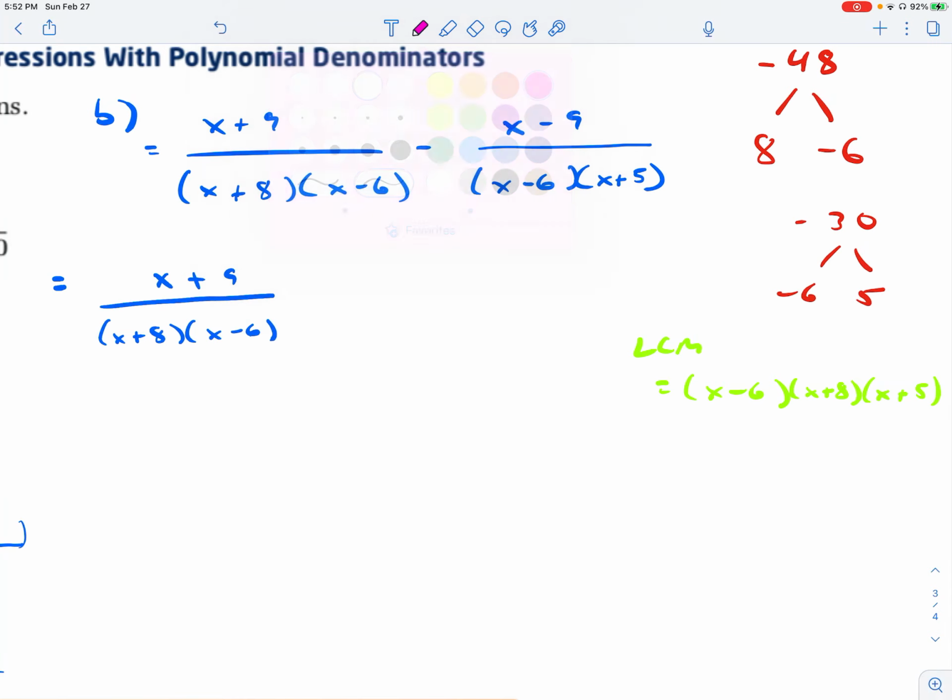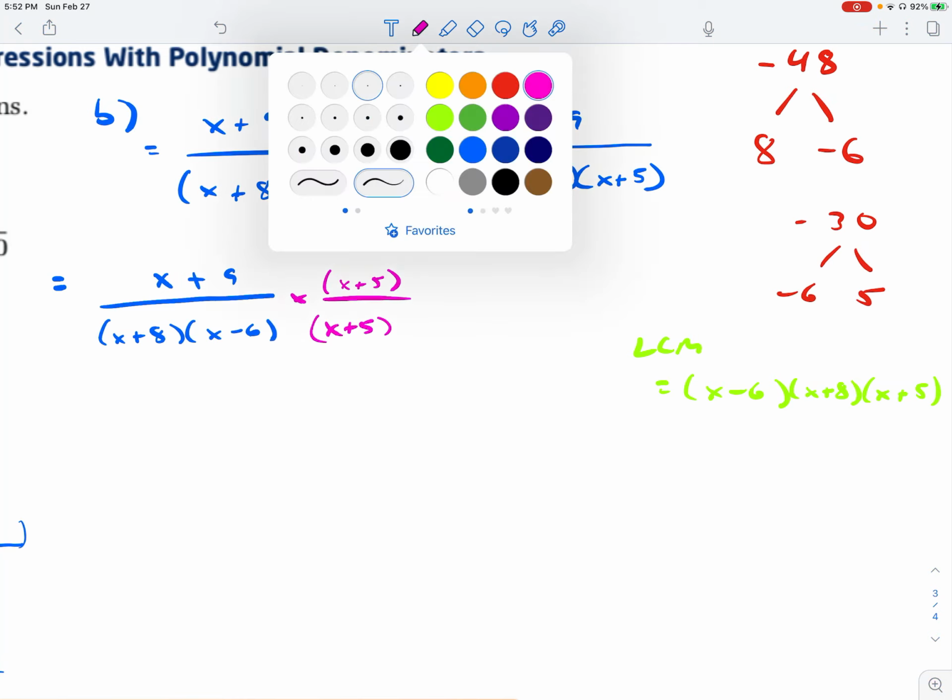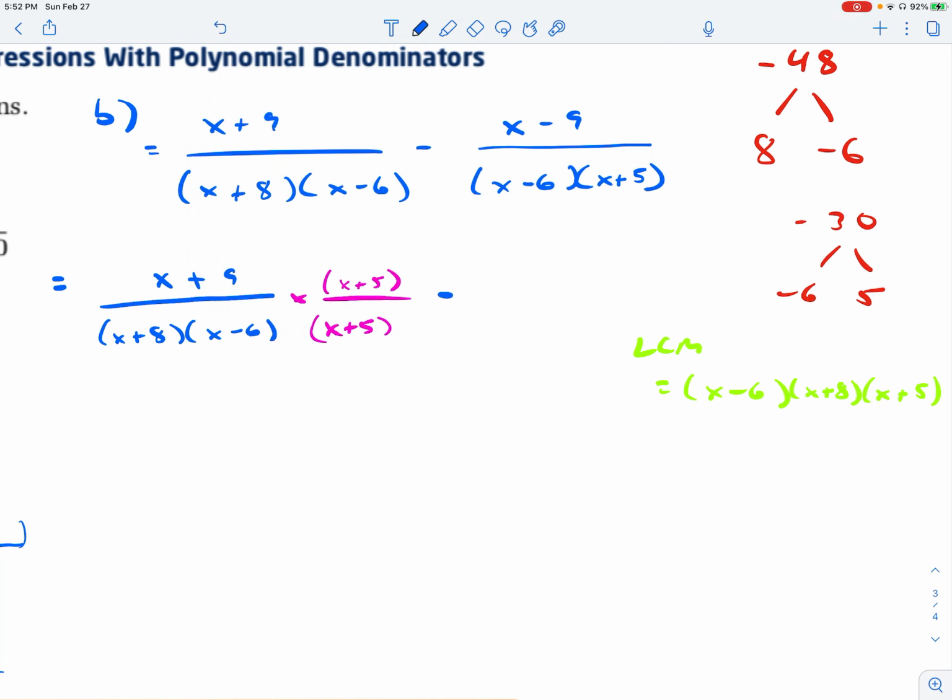And we're going to multiply this by an x plus 5. Okay, and I just kind of put some brackets around it. So, okay, we do it for both the denominator and numerator. The other term, we have x minus 6, x plus 5. Okay, we need to multiply this by an x plus 8.